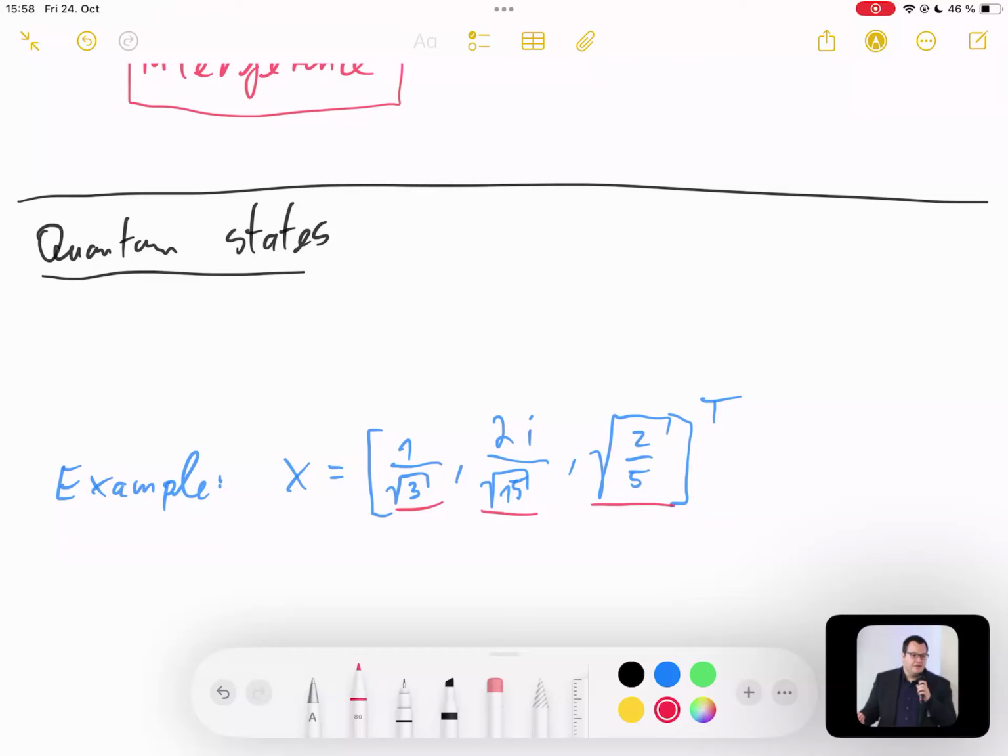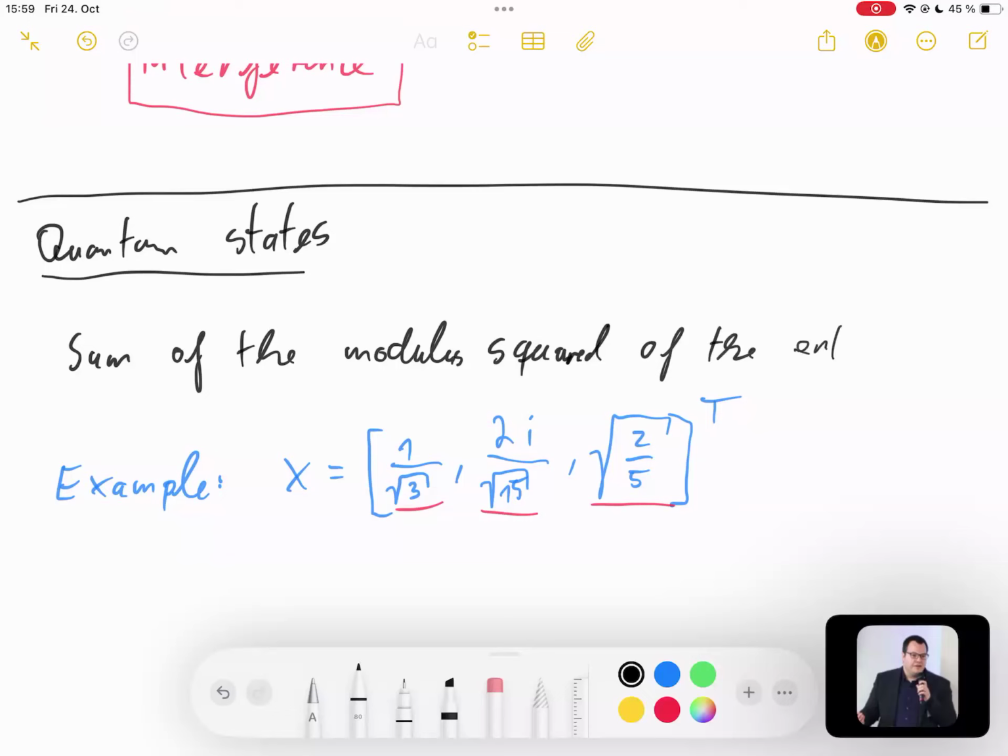And as we required before for probabilistic states that the sum of the entries must be 1, here we require that the sum of the modulus squared of the entries is 1.